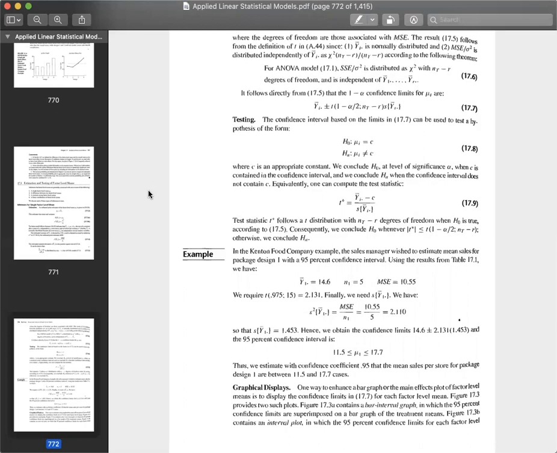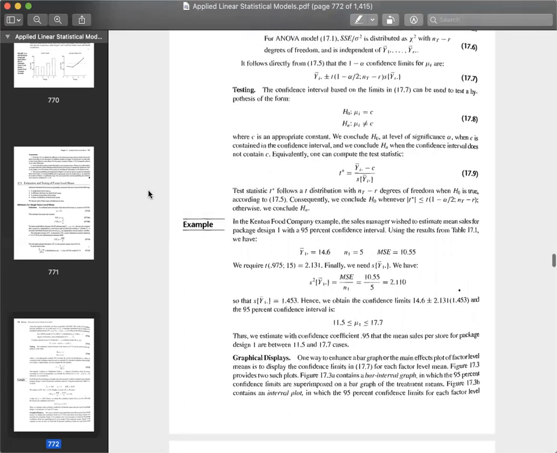It follows directly from 17.5 that the 1 minus alpha confidence limits for mu i are yi bar dot plus or minus t of 1 minus alpha over 2, nt minus r times s of yi bar dot. Testing.